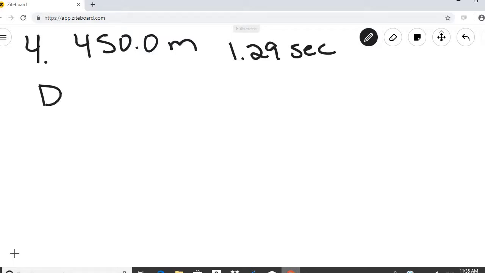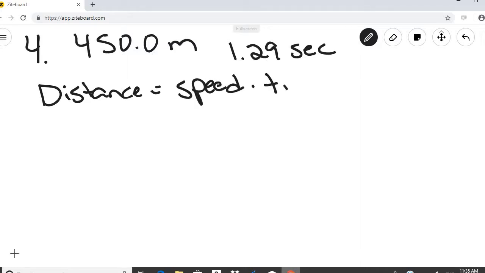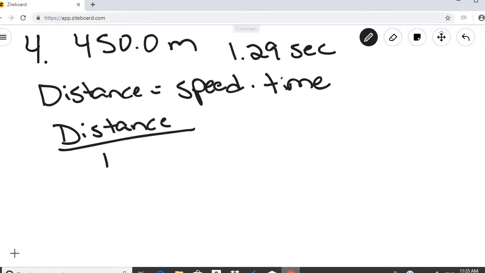Okay, so we know that distance is equal to speed times time, or velocity times time. So then distance divided by time will equal the speed of sound, or the velocity of sound.